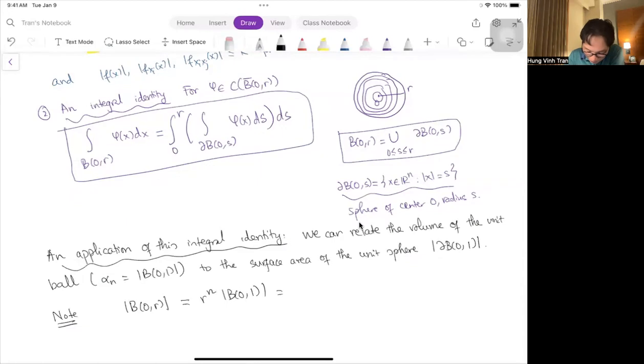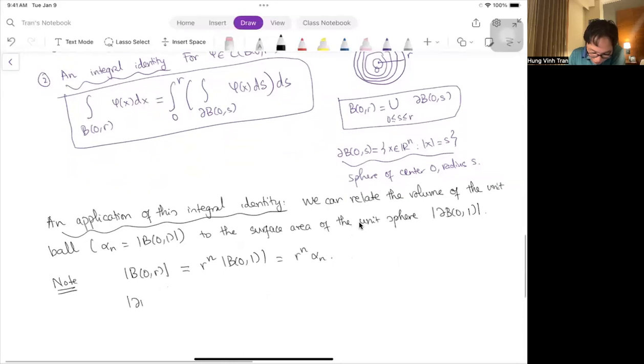This is r^n times alpha n. For the sphere of center 0 radius r, the surface area has unit length to the power n minus 1, so it is r^(n-1) times the surface area of the unit sphere. So those are the two things.